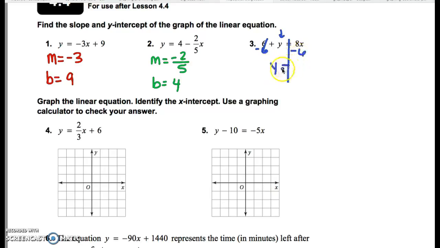So y equals, remember, you cannot combine this because the 8 has an x and the 6 doesn't, so it just stays 8x minus 6. Now you're in the right form. Your slope, what's in front of the x, is the 8. Your y-intercept is that other number tacked on, a -6.